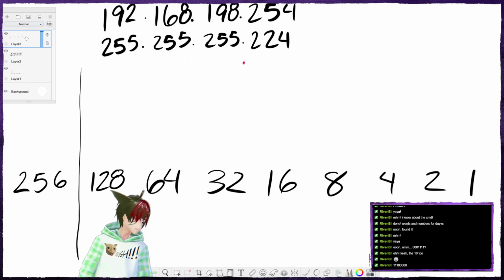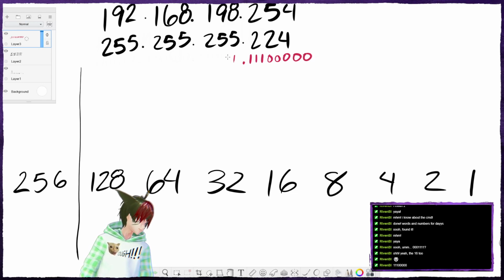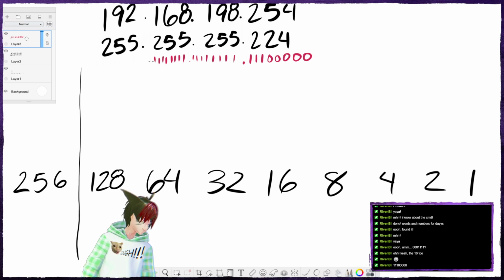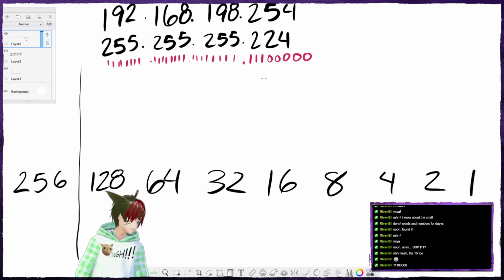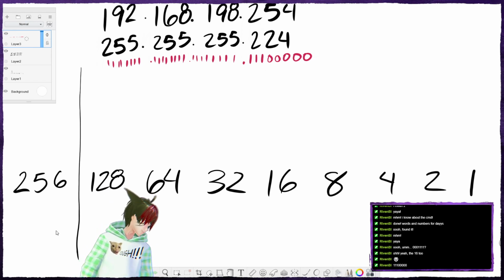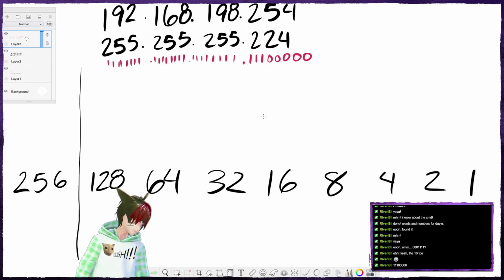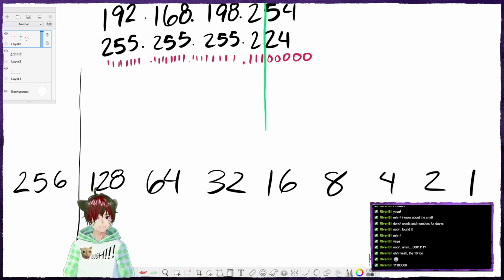So it's saying that your network is now here. Make sense?